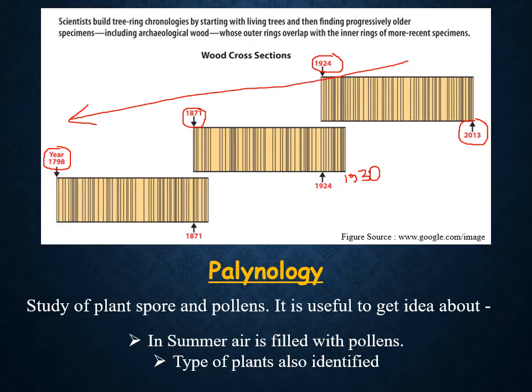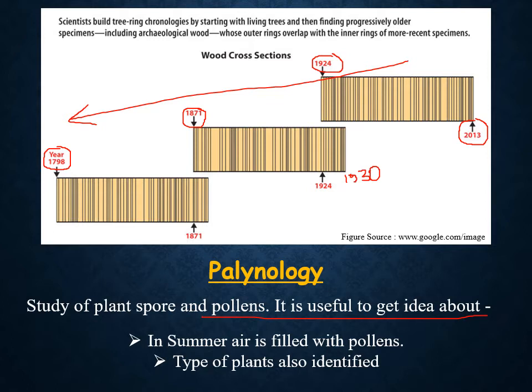Not only the tree rings, the microscopic organs of the tree, particularly the reproductive organs, that is the spores and pollens, are also useful to get an idea about the climatic condition. During the growing season, during the summer or monsoon time, the trees throw lots of spores and pollens into the atmosphere.